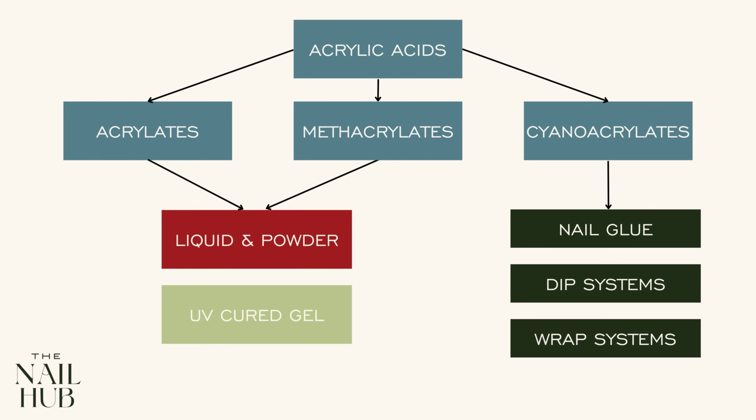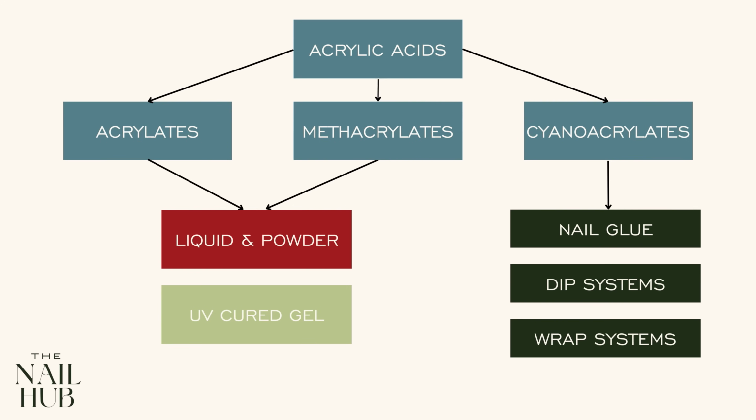You'll also see them inside of things like polygel, which I consider to be a hybrid between acrylic nails and gel nails. You'll see ethyl methacrylate, hydroxyethyl methacrylate, and some other ones in there, and the core fundamental component of those are those acrylates or methacrylates. Cyanoacrylates I wanted to throw in here too because we also come across this word when we talk about nail glue.